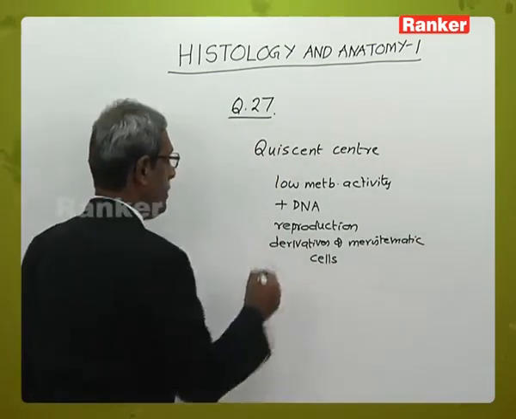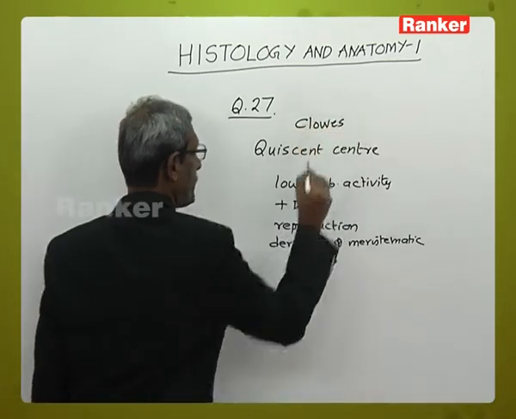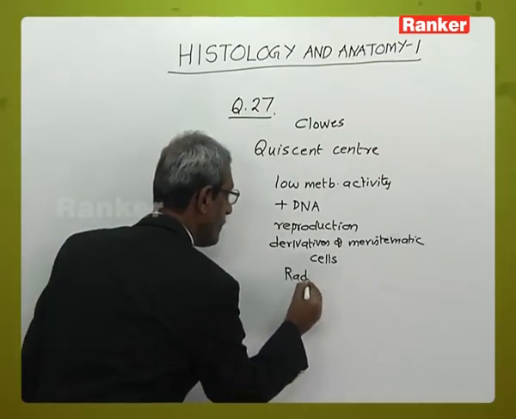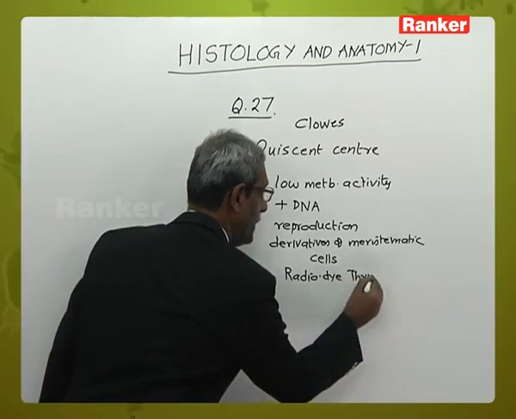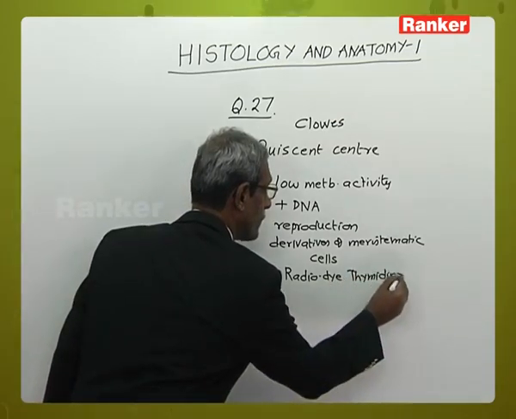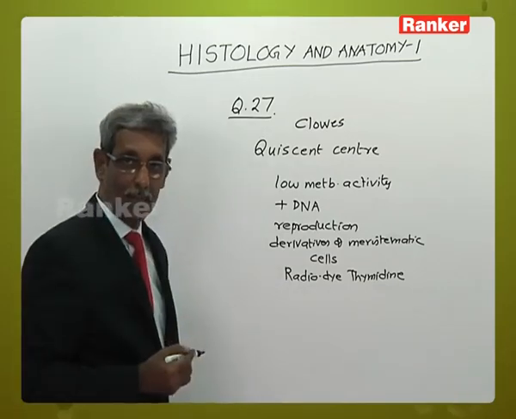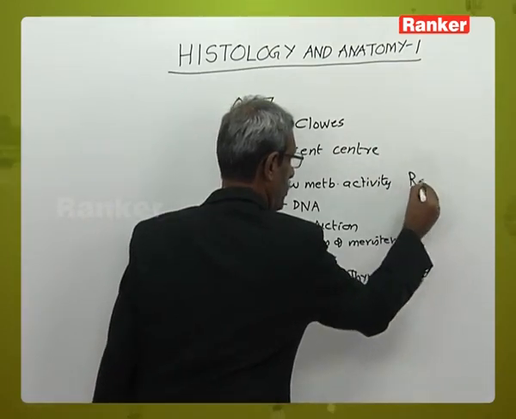And it has been studied by Clowes. By using a radioactive label like thymidine, scientists have studied the quiescence center. The quiescence center is always associated with the root apex.